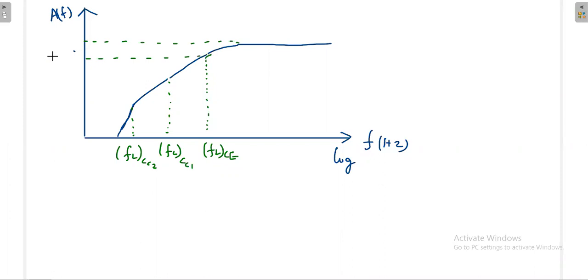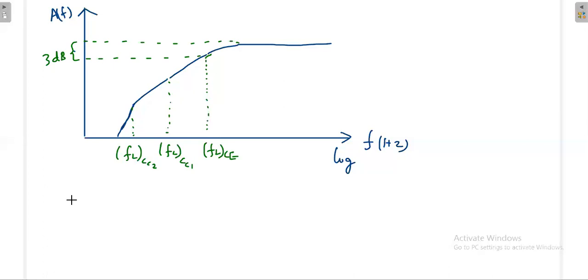The 3 dB cutoff frequency matches the cutoff frequency due to the emitter bypass capacitor. Among all the cutoff frequencies, the highest one is equal to the 3 dB cutoff frequency. Whenever you have a 3 dB reduction in gain, that frequency is called the cutoff frequency.